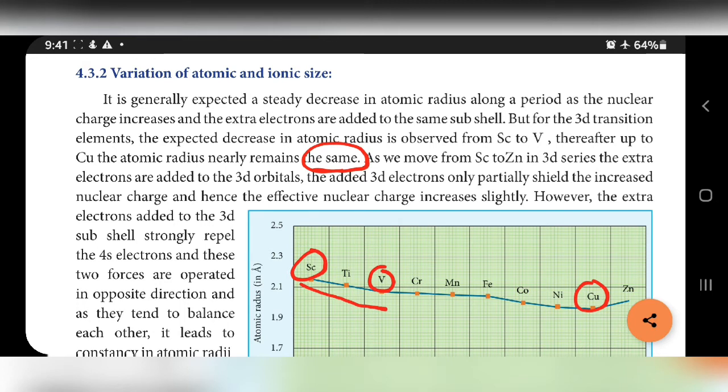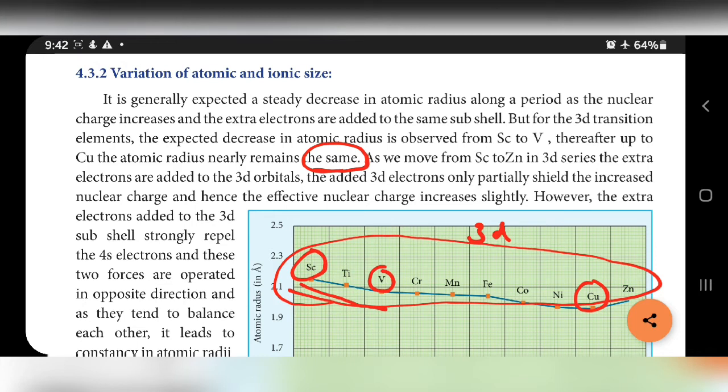As we move from scandium to zinc in the 3d series, extra electrons are added to the 3d orbital. For all these elements, electrons are added in the 3d orbital only. The added 3d electrons only partially shield the nuclear charge. So effective nuclear charge increases. So shielding decreases means nuclear charge increases.